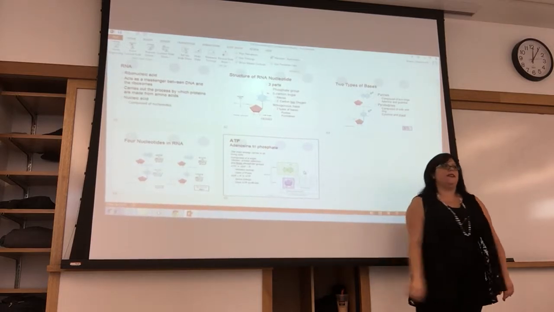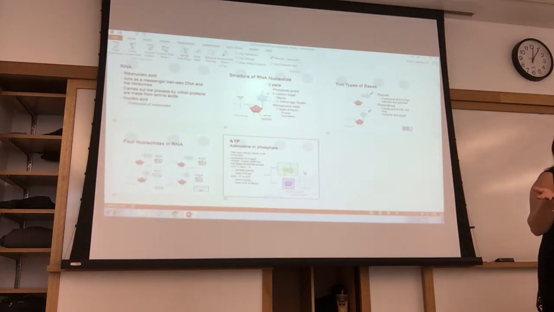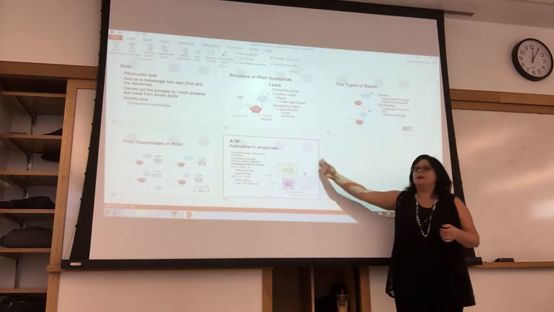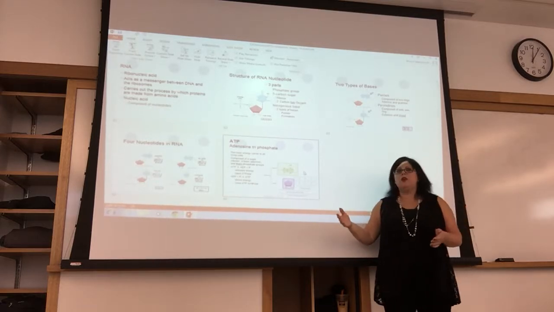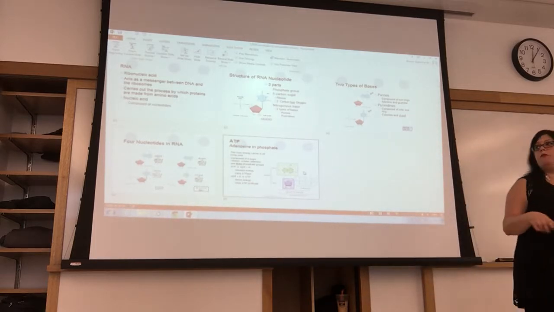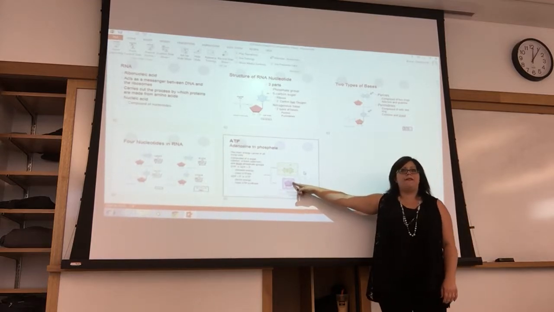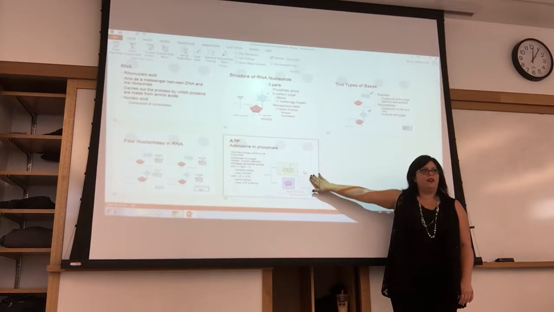And there are 3 phosphate groups in ATP, adenosine triphosphate, tri meaning 3. When we're using this energy, we can break these bonds between the phosphate groups and release the energy. Then we would go from ATP to ADP. If I take one phosphate away from the triphosphate, what do I have?